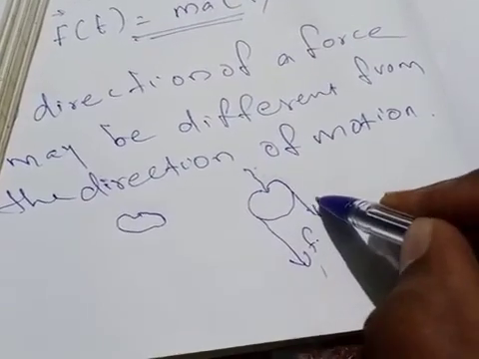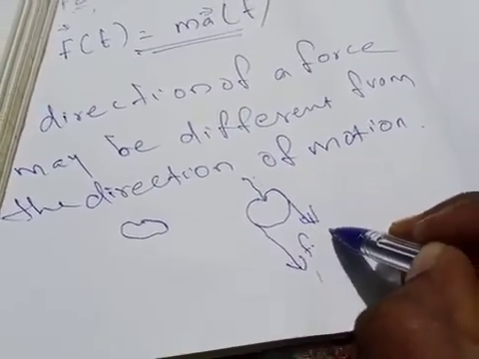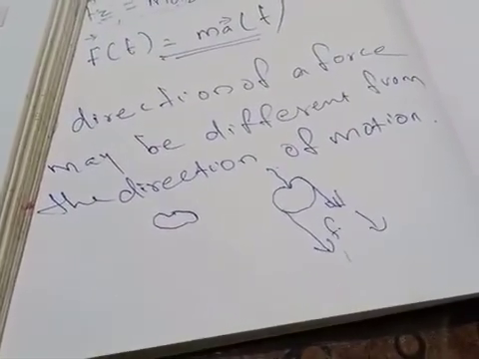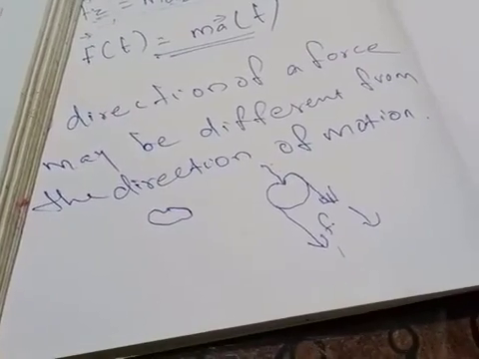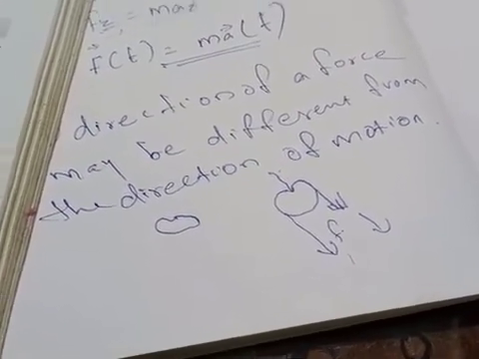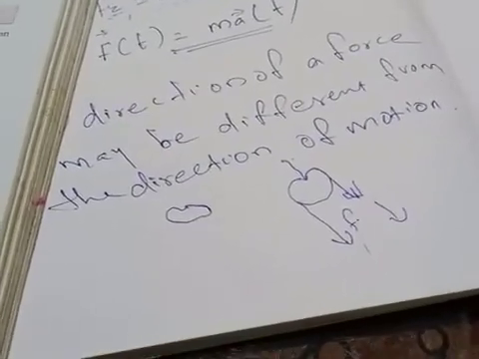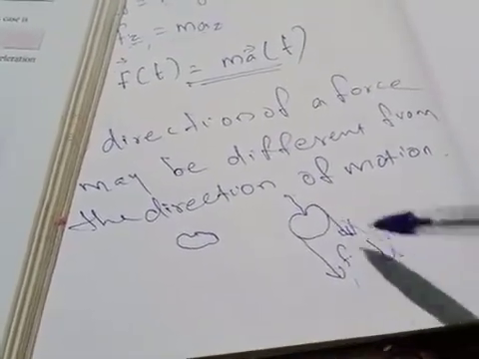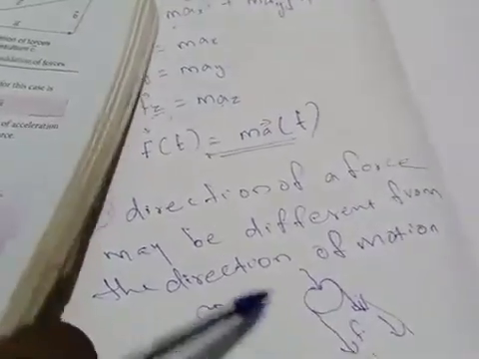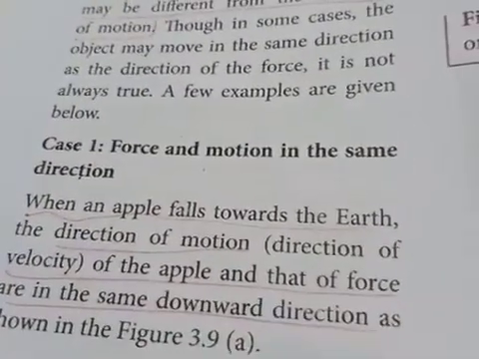Also, the velocity of this object is in the downward direction only. Both the direction of motion of the apple and that of the force are in the same direction. Force and motion in the same direction. The direction of motion is downward. The force acting on the apple is also downward. That is the first case. Force and motion in the same direction.